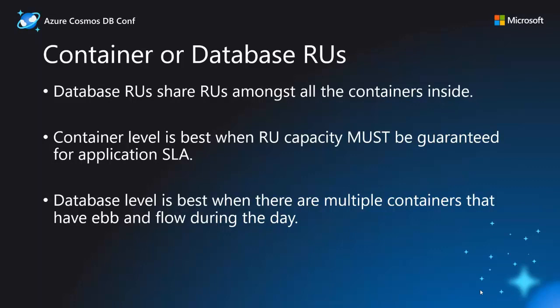However, the container level might be best if your request unit capacity has to be guaranteed for application SLA. Database level is best when you have multiple containers that have some ebb and flow during the day. Some of them will spike at different times than the others. If all your containers are going to be spiking at the same time, then the idea of database RUs does not have as much benefit.